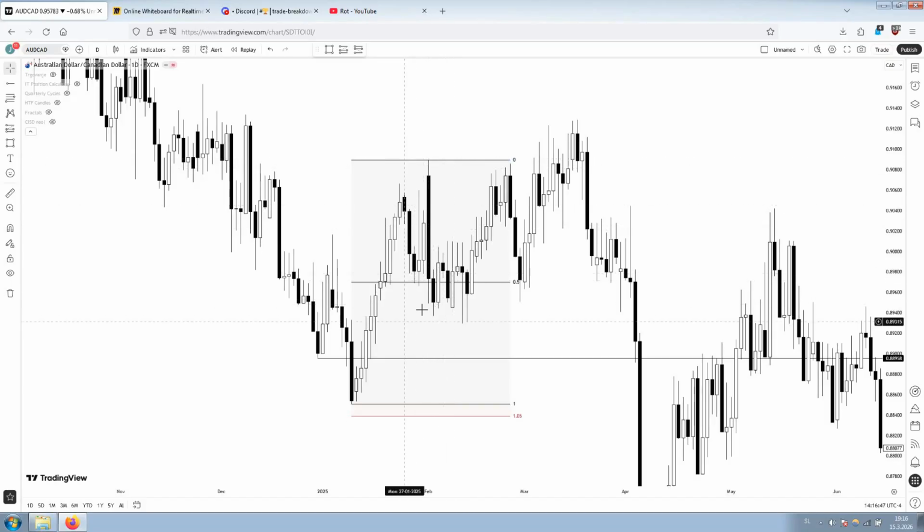So we are in discounted zone, so we can start buying shares over here and target those highs.